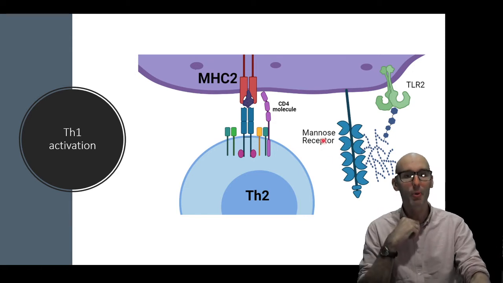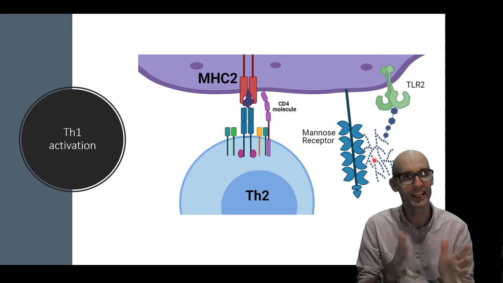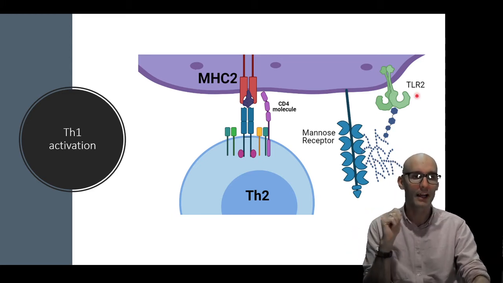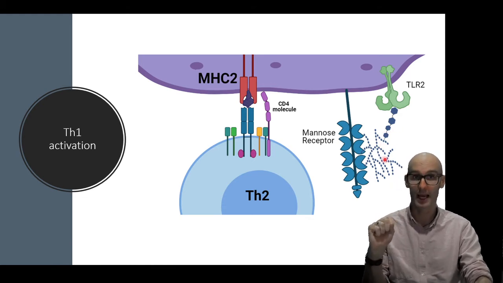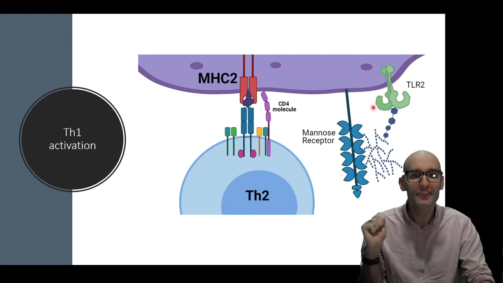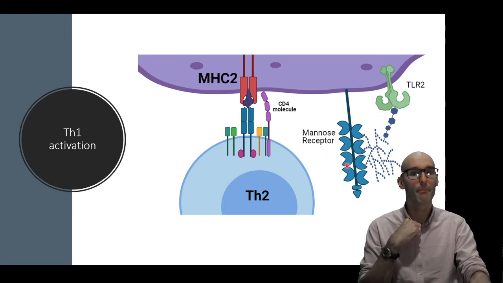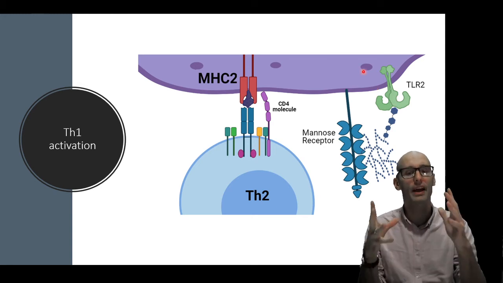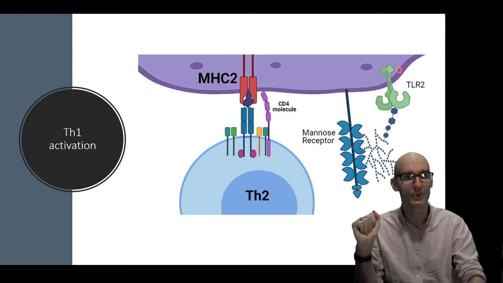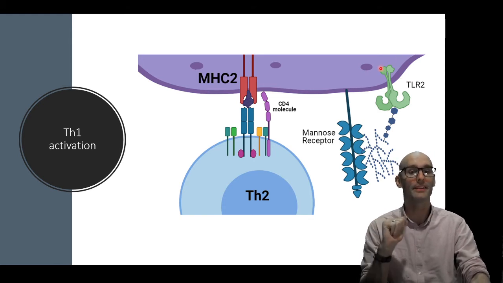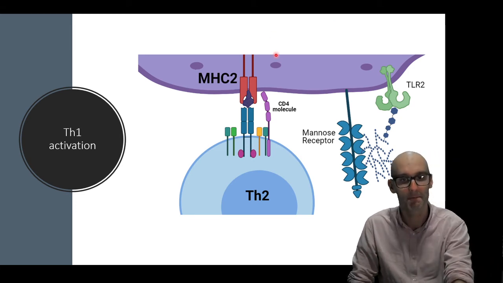The other thing is that binding to the mannose receptor seems to alter our response to activation of other receptors. In this case, I've got TLR2, which is also activated by complex carbohydrates that come off parasites. TLR2 activation along with mannose receptor binding seems to induce a very specific response by the macrophage. Now the TLR2 does have an intracellular domain, so this signal does go in through a phosphorylation cascade.